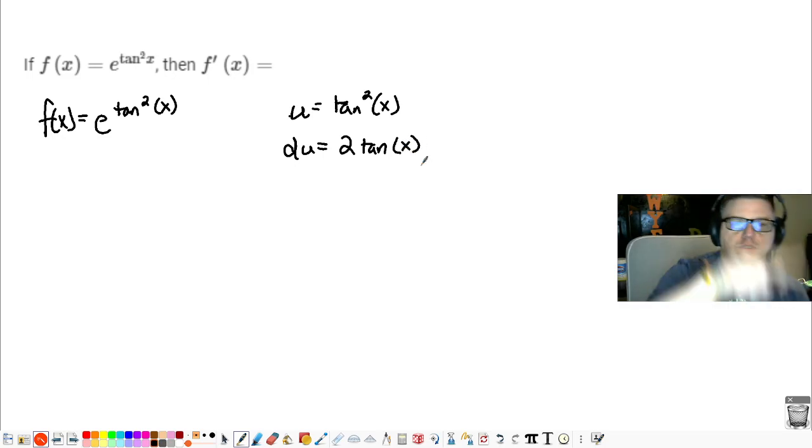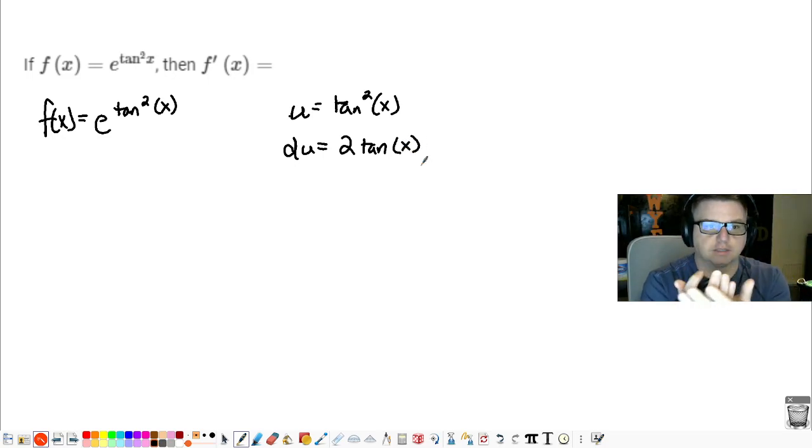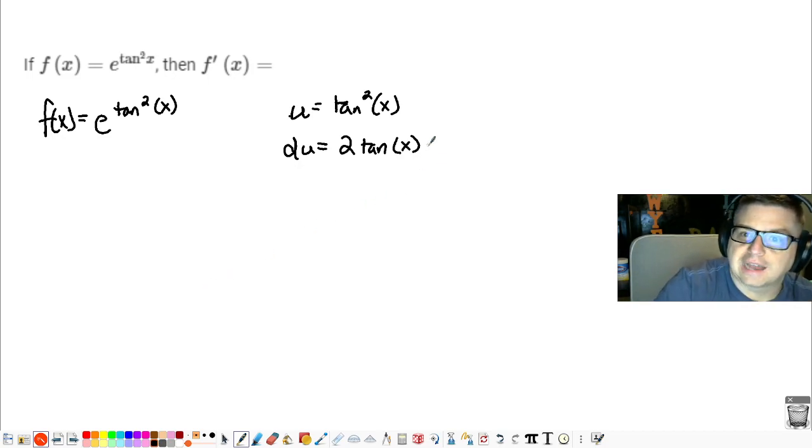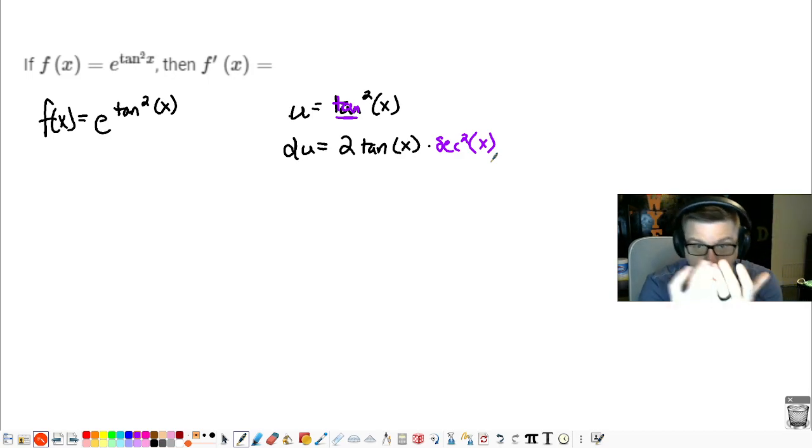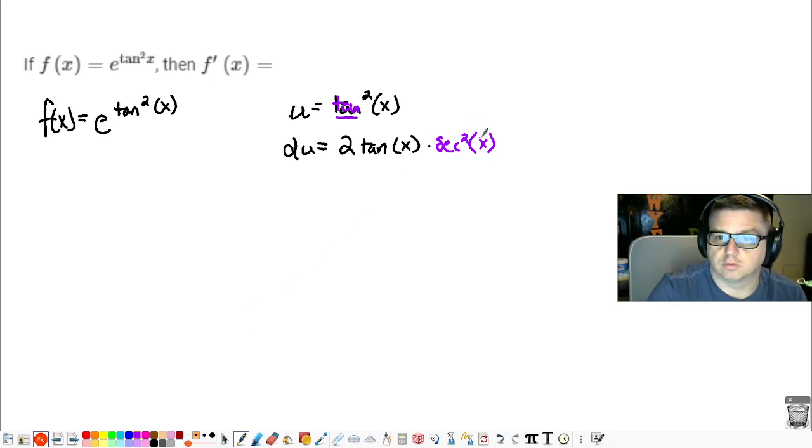And remember, outside times the nested function. And then we're going to times it by the derivative of the nested function, which is tangent. So then that's going to give us secant squared x. And then we could even times it by the other nested function, but the derivative of x is just 1, and that's not going to change anything.